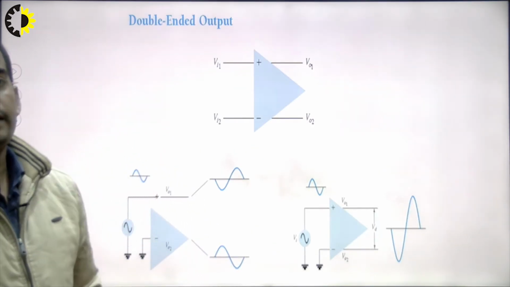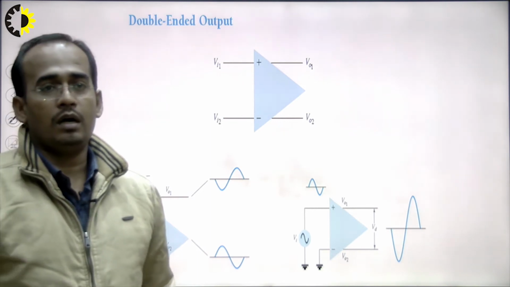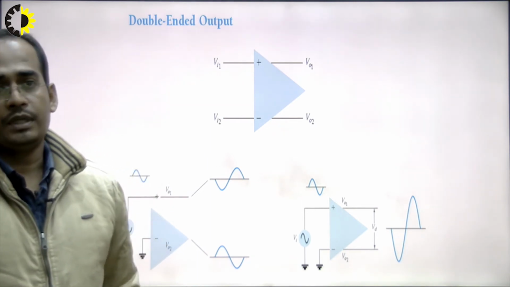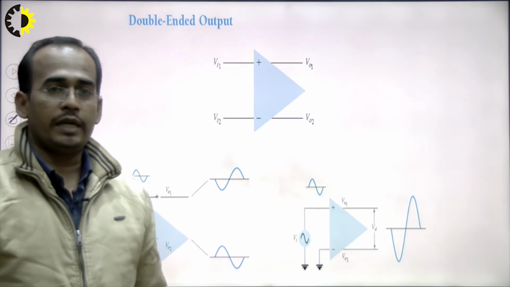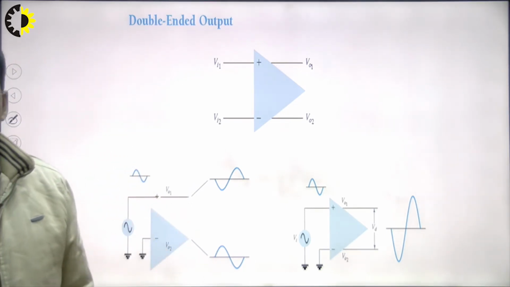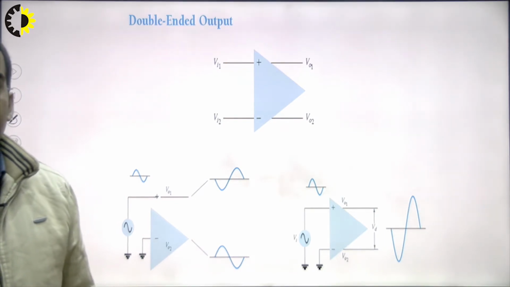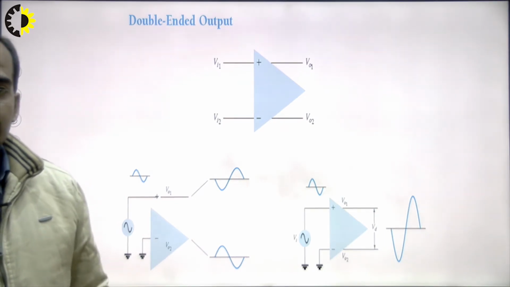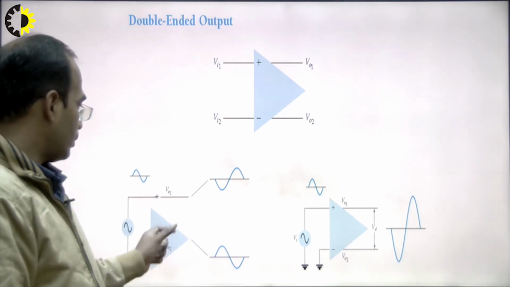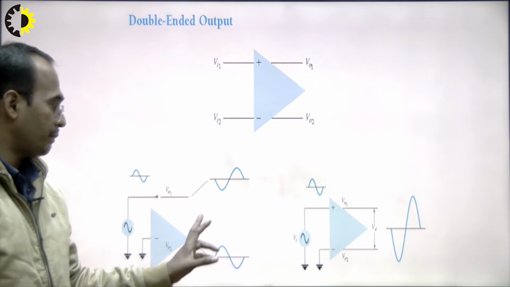Now, this is the double-ended output. For solving such a double-ended output operational amplifier, the previous one was double-ended input, and this one is double-ended output. If I am getting the double-ended output, it means I have first applied the input to the positive terminal.